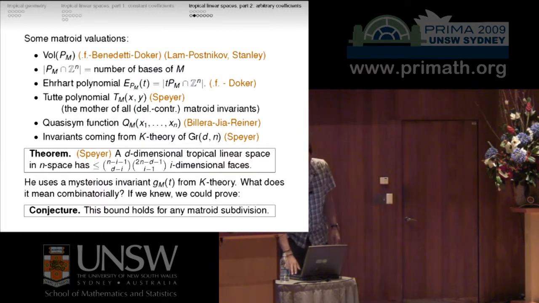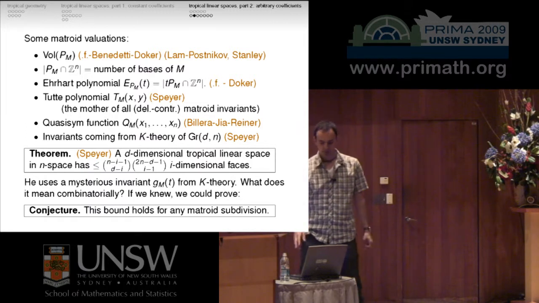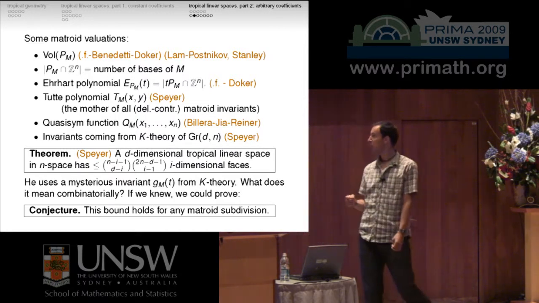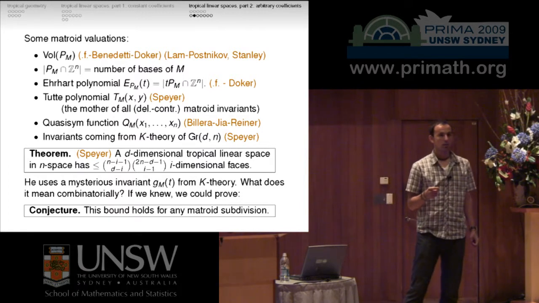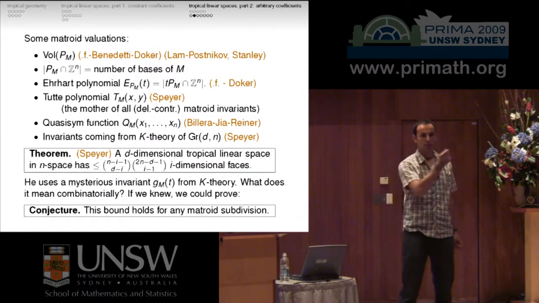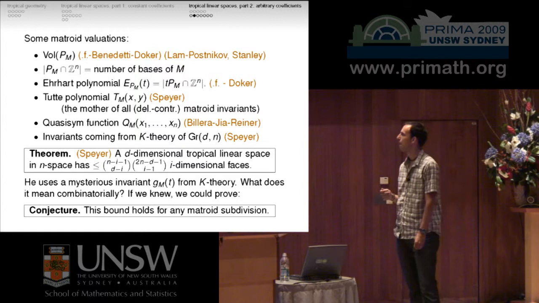Okay? There's other valuations that you can consider, such as things like the Ehrhart polynomial of the matroid polytope, things like this. One that I would like to mention is the Tutte polynomial of the matroid. And the special thing about that one is that that's a function defined in terms of the matroid, not in terms of the polytope. Okay?